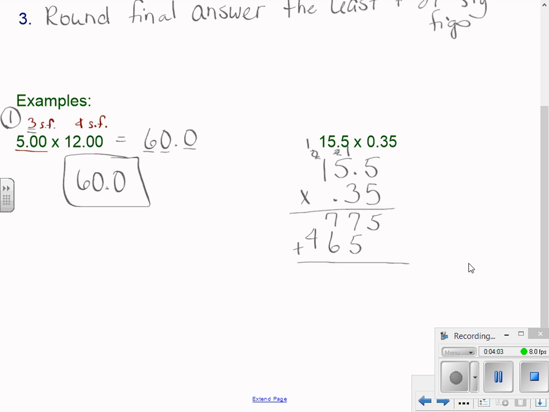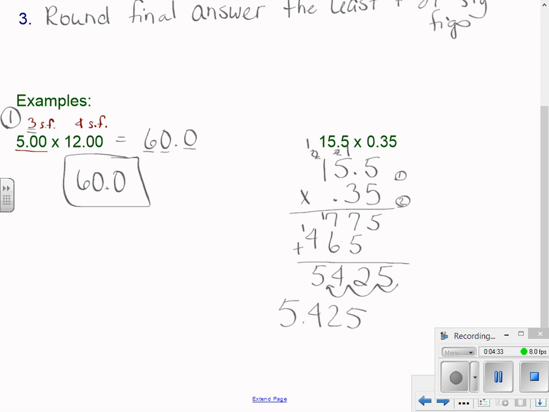You've done adding all of your digits, you add the two lines together. 5, 12, 13, plus 1 is 14, carry a 1, 5. Now when you have decimal places, you got to worry about how many decimal places you have. I've got 1 decimal place and 2 decimal places. So I have to move my imaginary decimal 3 places. So right now, unrounded, 5.425.